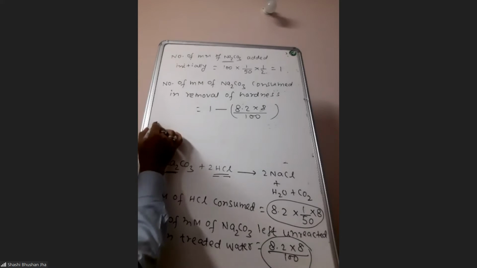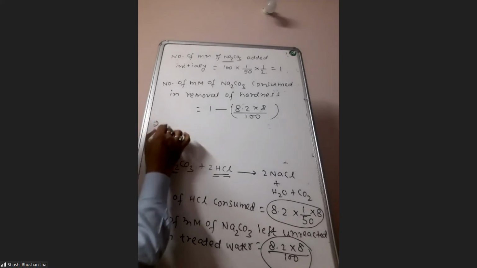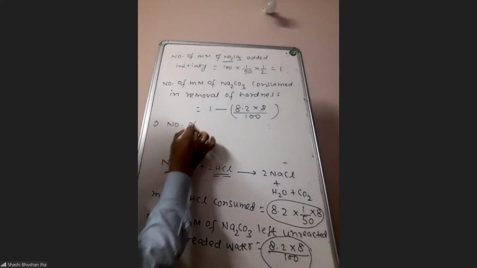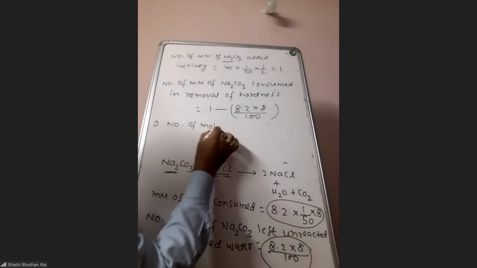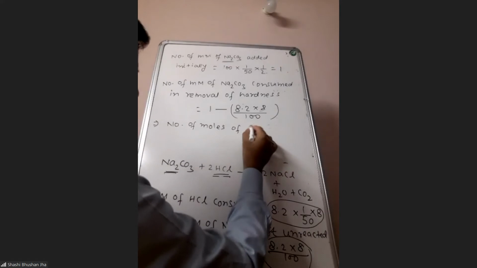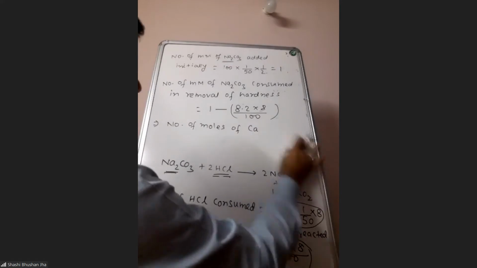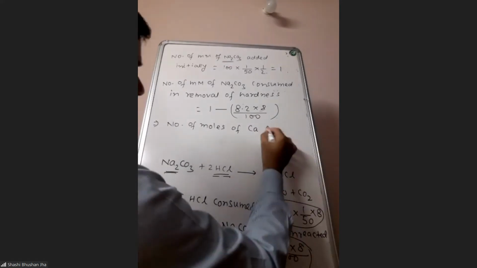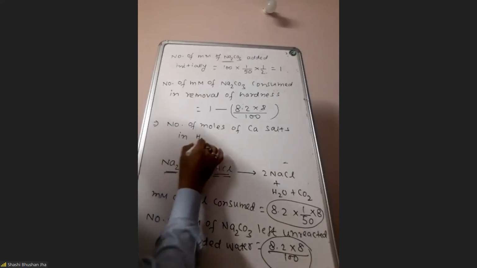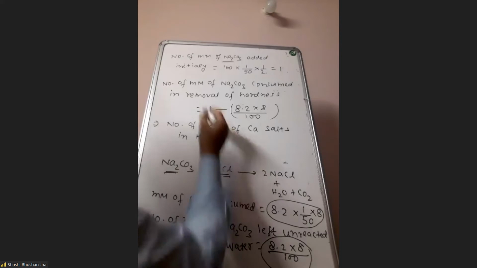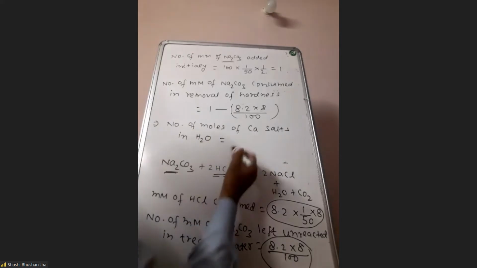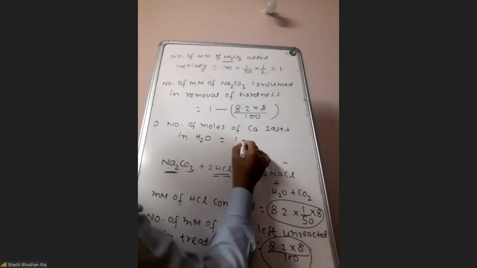So number of moles of calcium salts in water will be same as the number of moles of this sodium carbonate which has been used.